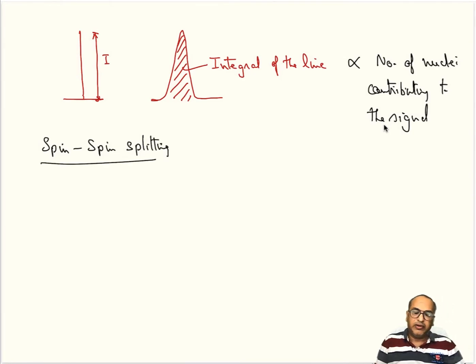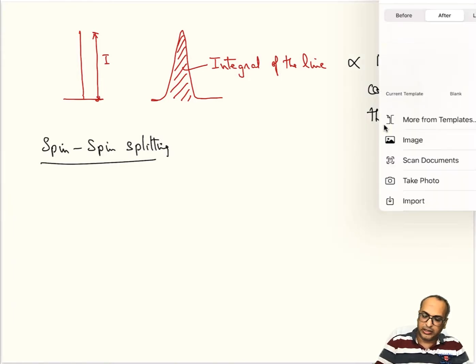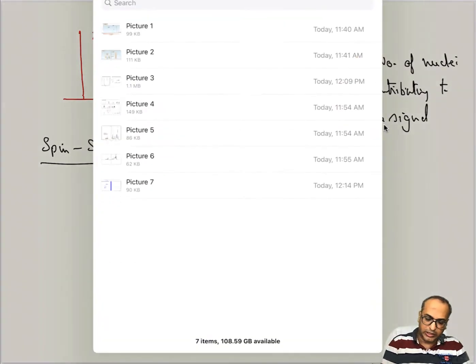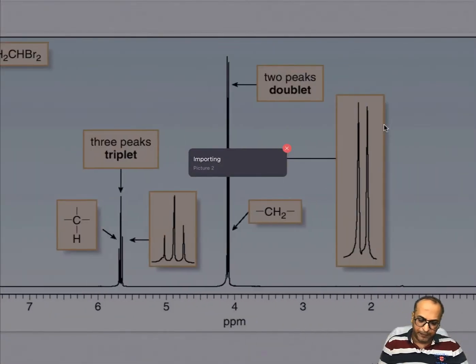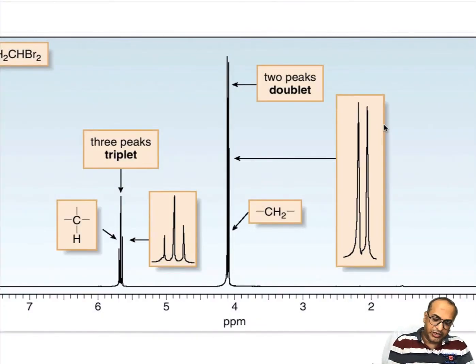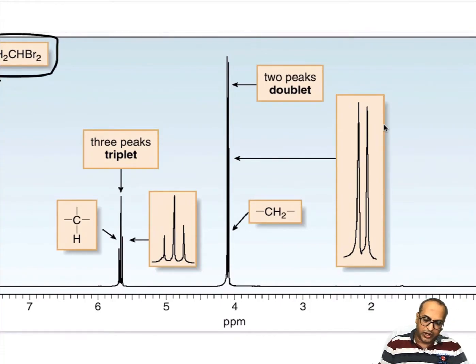So we have learned what scalar coupling is, but let us see an example of this type of spectrum. This is the spectrum of BrCH2 Br2. There are 2 protons contributing to CH2, that's why the intensity of CH2 protons is more as compared to CH.